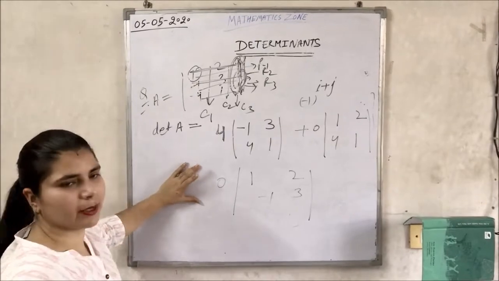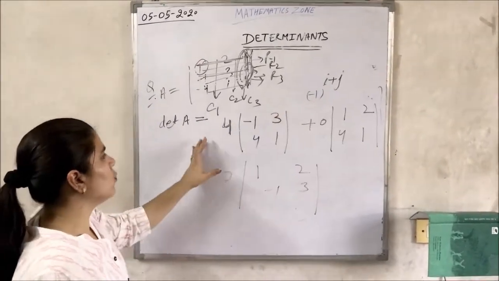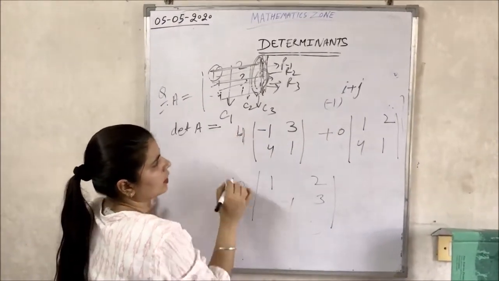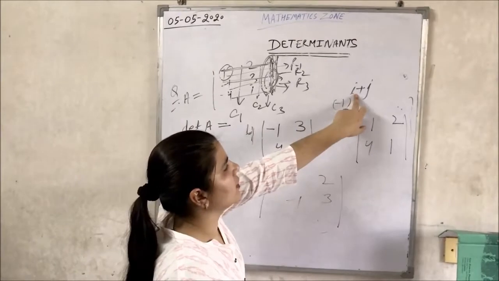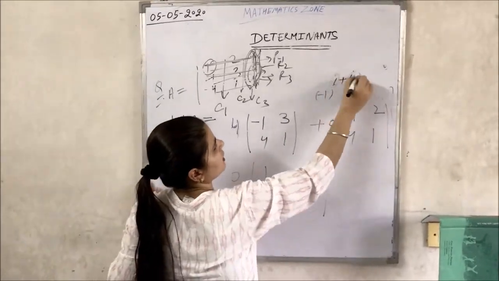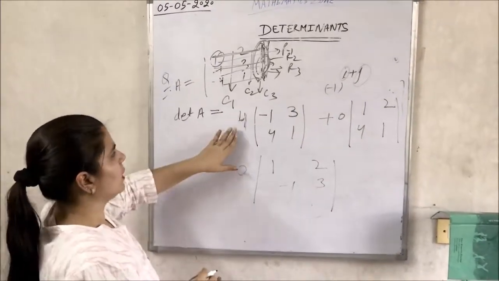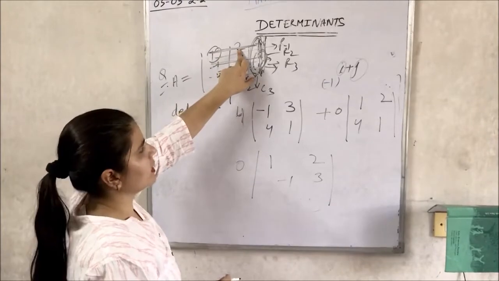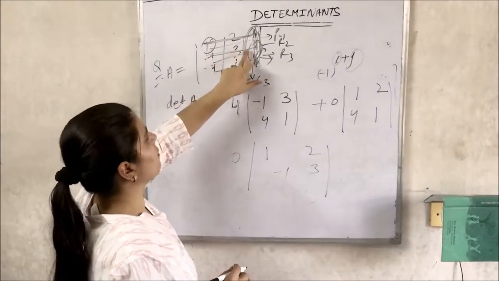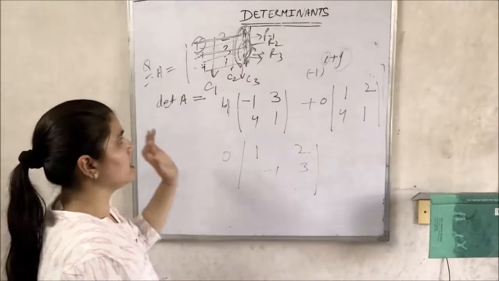One thing you have to keep in mind is that there is a method to indicate the sign before the elements, that is (-1) to the power i plus j, where i is the row number and j is the column number. Instead of using this method, it is better to write first positive, second negative, third positive, fourth negative, in alternate manner.